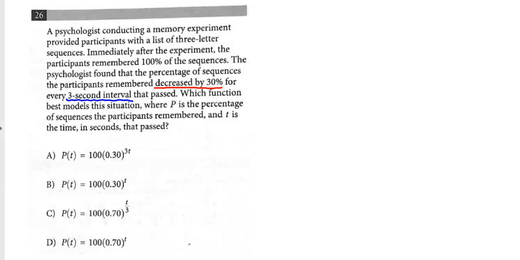All right, well, for all of these type of equations, you always have the initial value. That's going to come first, and then an equal sign. Then you're going to multiply that by either 1 plus r or 1 minus r, whether you are going to increase or whether you're going to decrease.